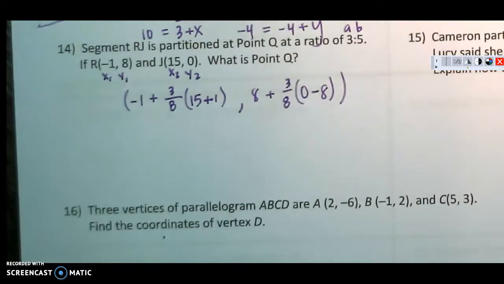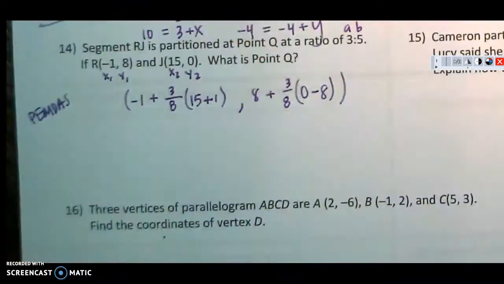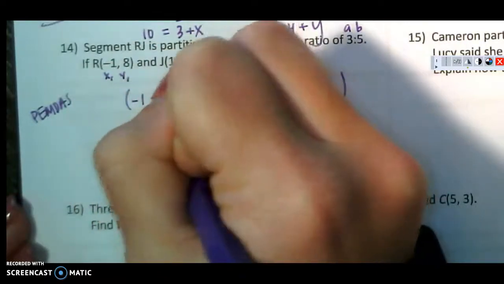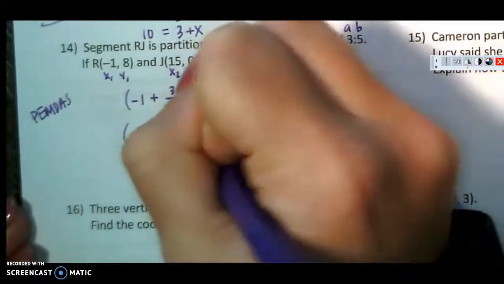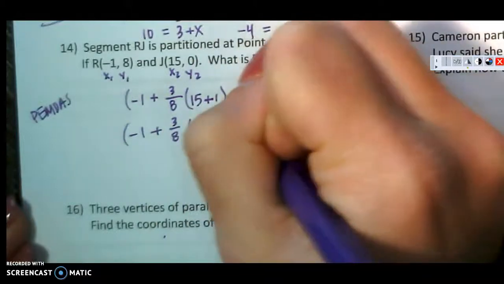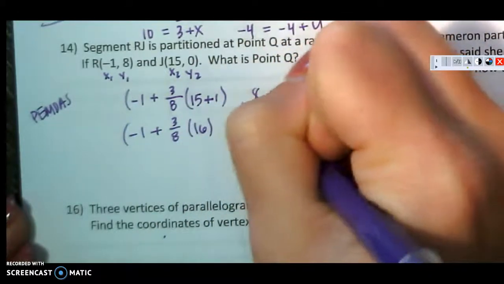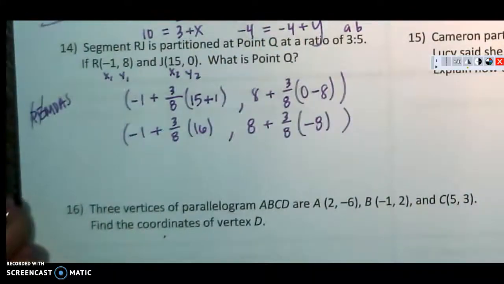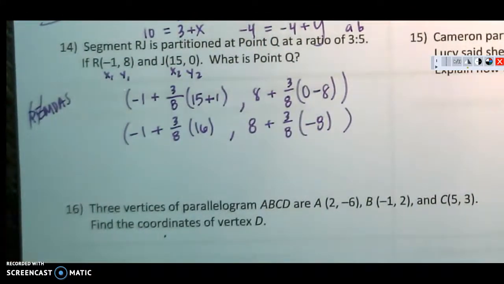So now the last thing we need to do is just follow the order of operations, right? PEMDAS. Okay, we're going to first take care of what's in the parentheses. Okay, there's no exponent, so we're done with that. Now we're moving on to multiplication.